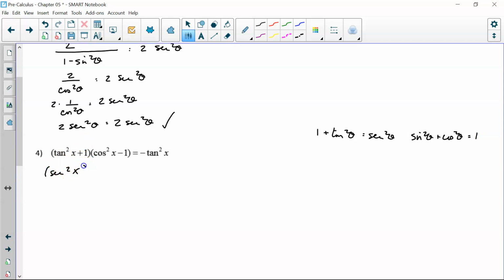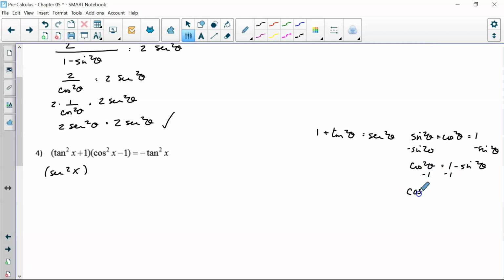In this case, it's an x. Cosine squared x minus 1. So if I rewrite this and I subtract the sine squared from both sides, and at the same time I'll do that in 2 steps. A little messy. So I get cosine squared theta equals 1 minus the sine squared theta. And I want to get cosine and 1 on the same side, so I subtract 1 from both sides.